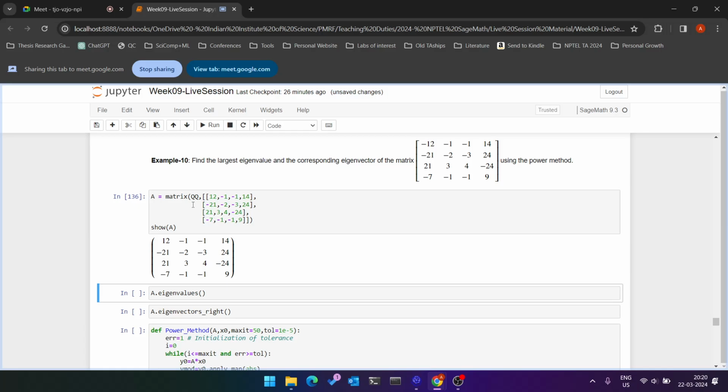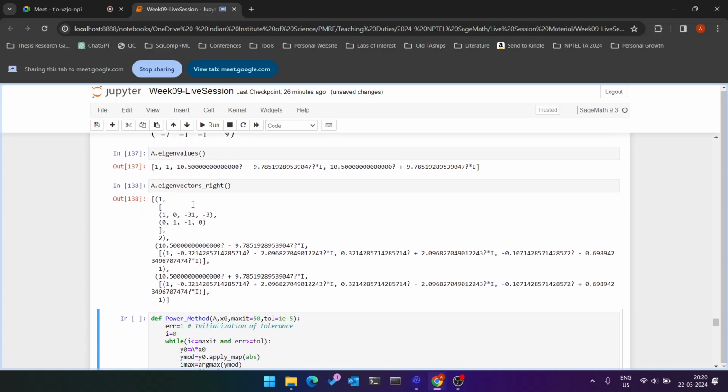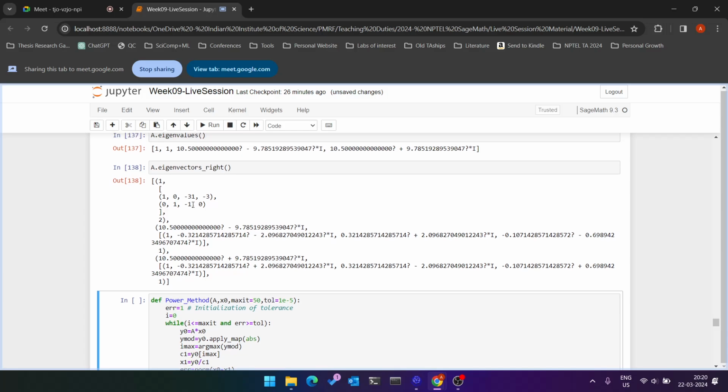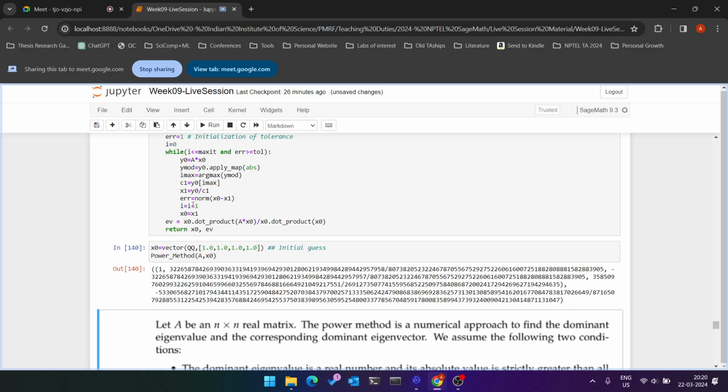Next, we'll print out the eigenvalues of the matrix A and the eigenvectors associated with matrix A. So this is how it looks. Before I comment on this, I'll just run through the process that we have learned earlier. So I again have my power method function and let us see what happens.